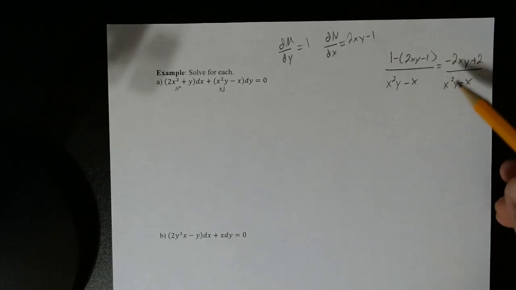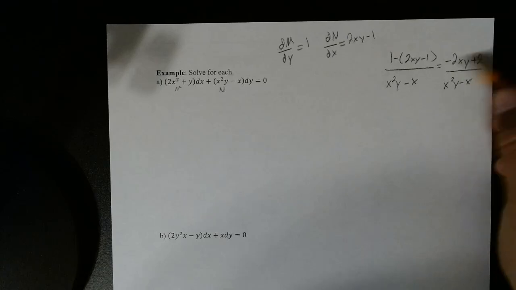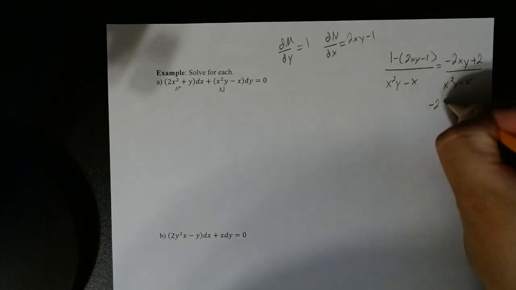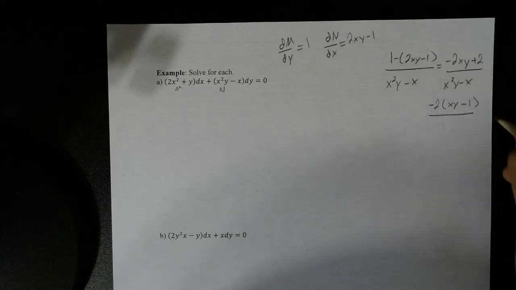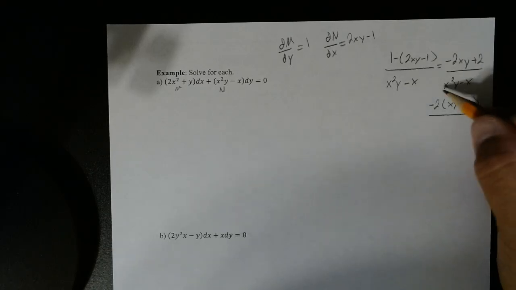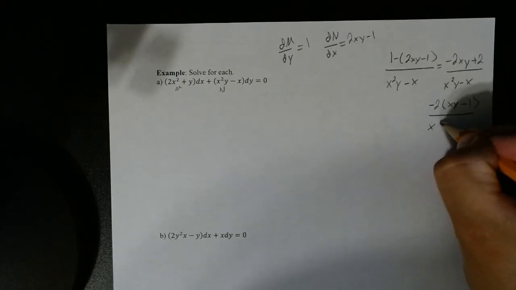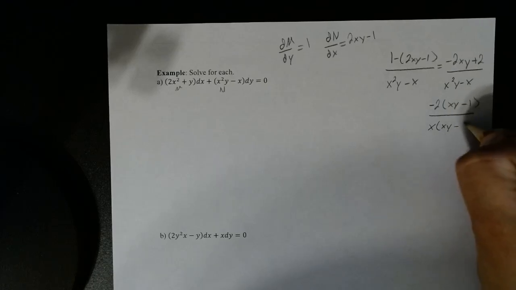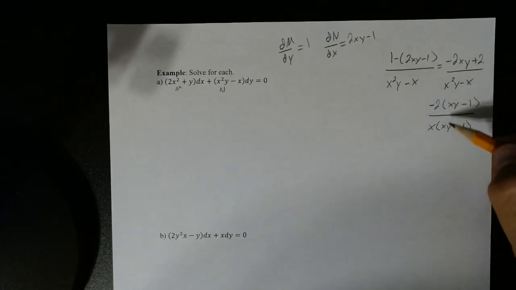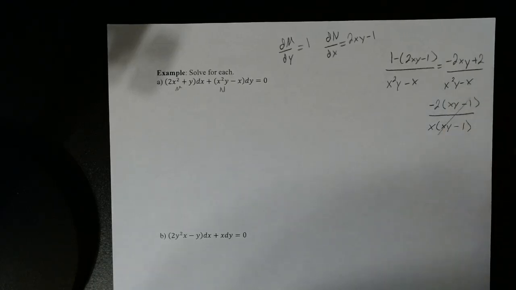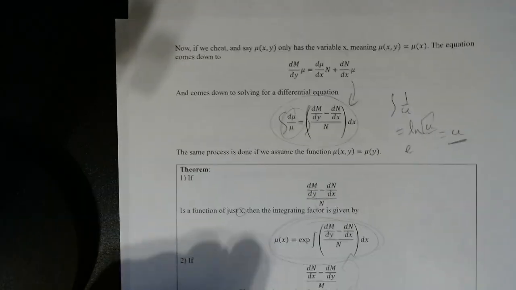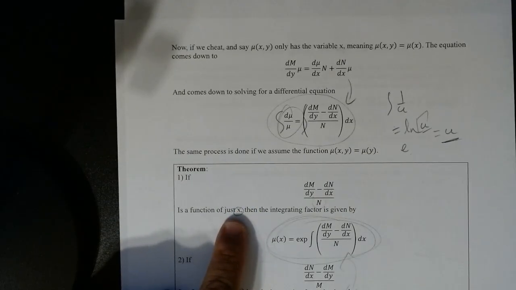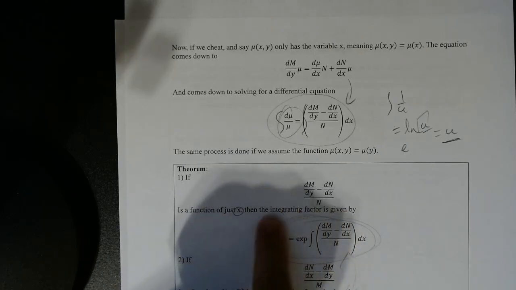On the top I could factor a 2 out, actually, I'll factor out a negative 2. And on the bottom, I'll factor out an x. And notice these actually go away. And look at that. This is in terms of just x, which is exactly what I want. So therefore, this is going to be my integrating factor.